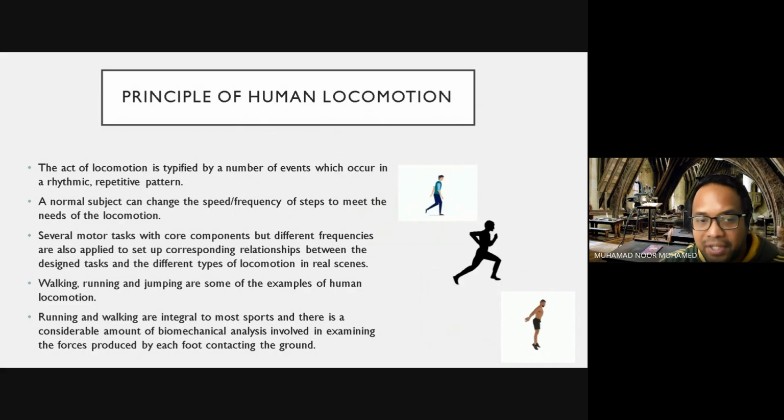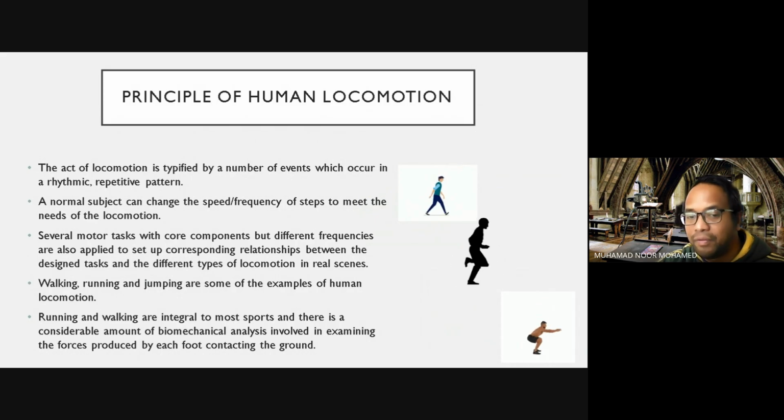For example, here, walking, running and jumping. So running and walking are integral to most sport, and there is a considerable amount of biomechanical analysis involved in examining the force produced by each of our foot contacting to the ground.